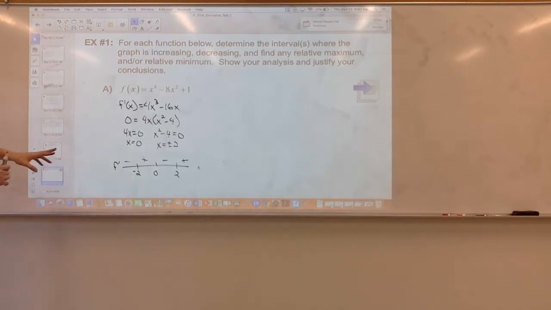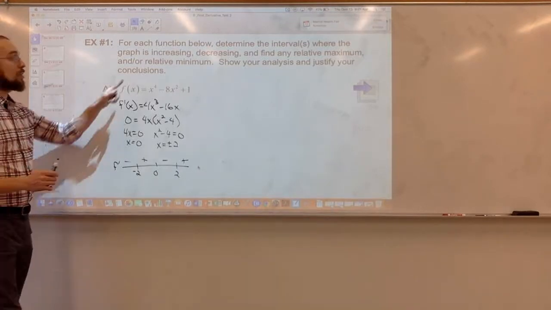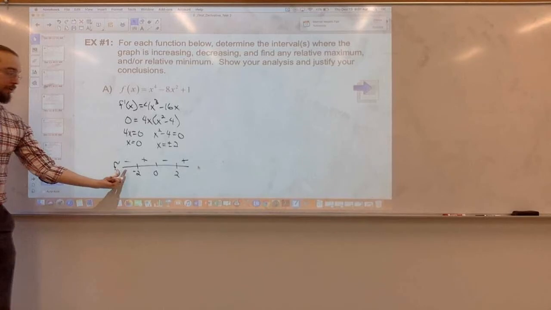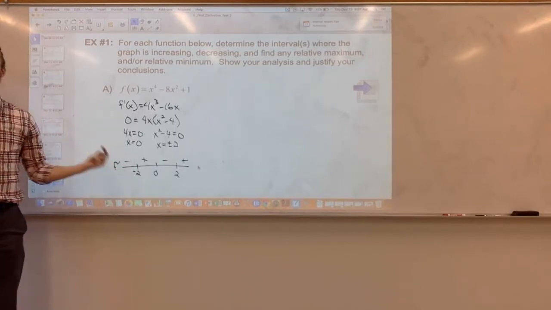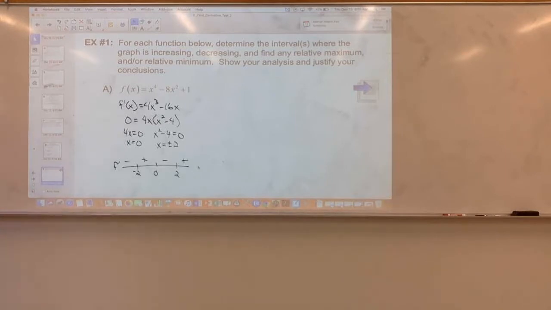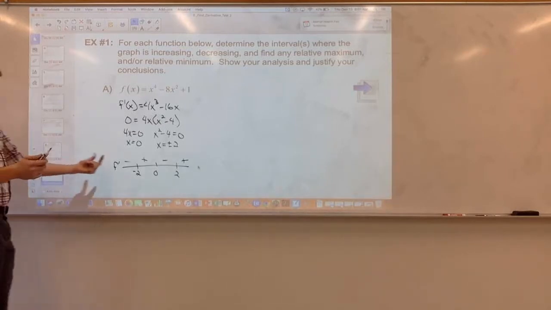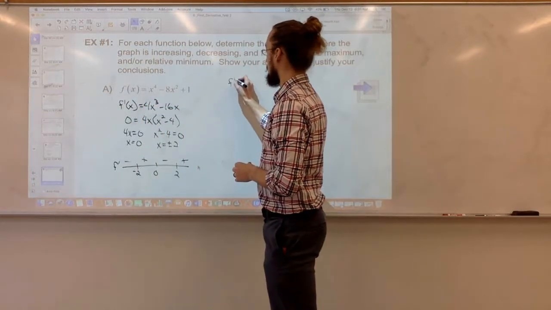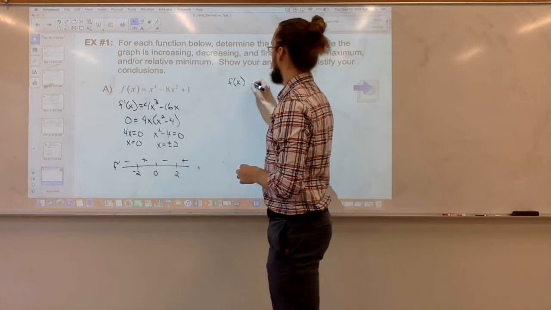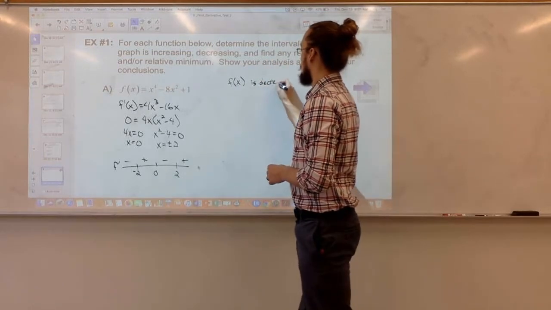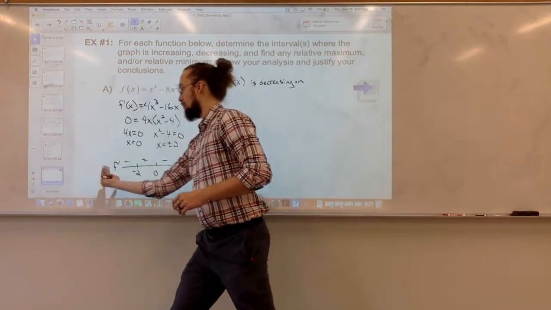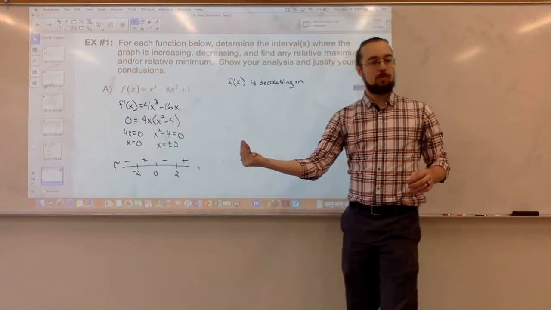So now this sign chart tells me all of this information. First, let's do intervals of increasing and decreasing. If my derivative is negative, is my original function increasing or decreasing? Increasing. I'm sorry, decreasing. So what I can say is f of x is decreasing on the interval -∞ all the way up to -2.